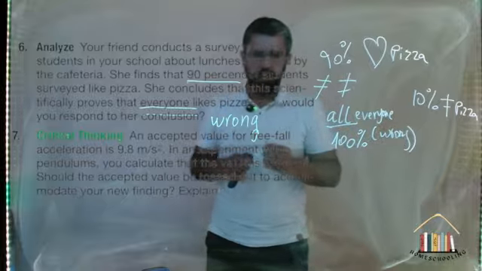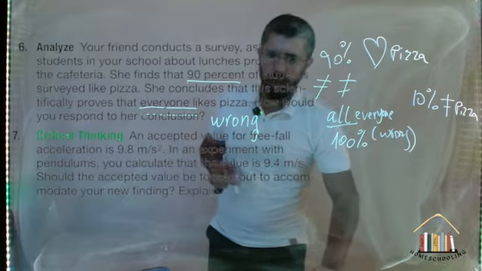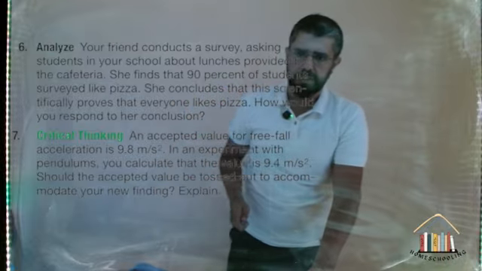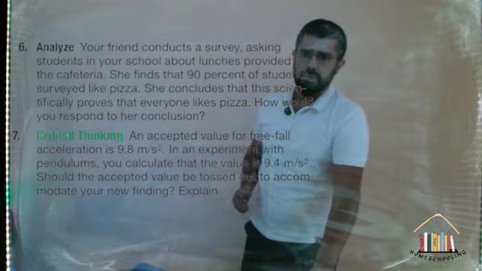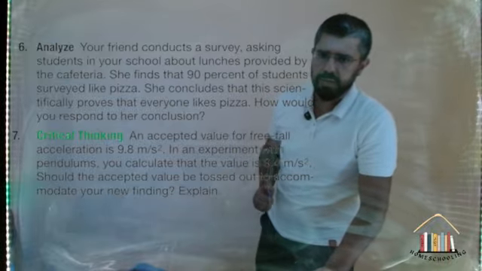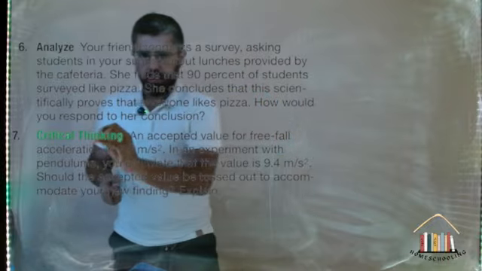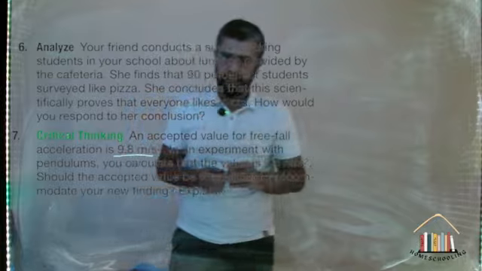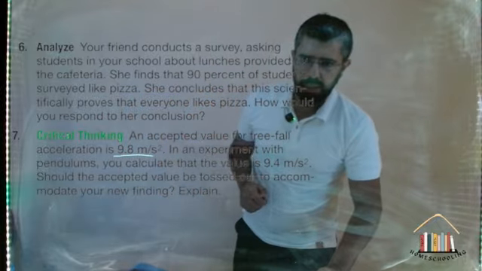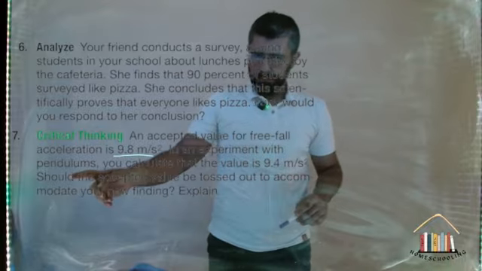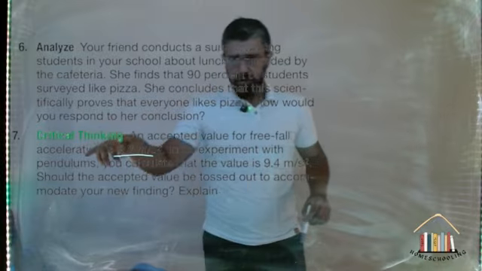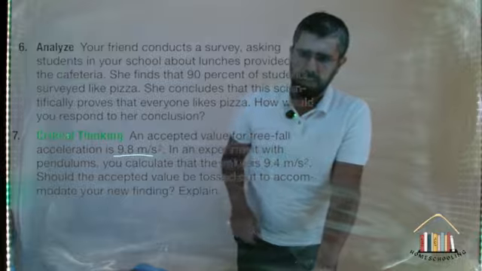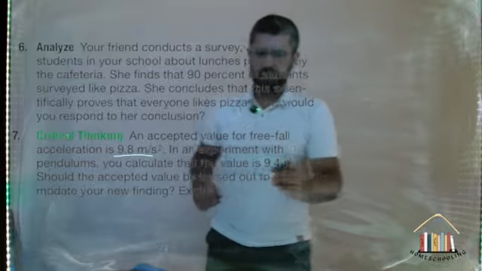All right, we continue with question 7. An accepted value for free fall acceleration is 9.8 meters per second squared. So the acceleration here is found by scientists, which is 9.8 meters per second squared. In an experiment with the pendulum, by the way, you can use a pendulum to test gravity, you calculate that the value is 9.4. It's different.